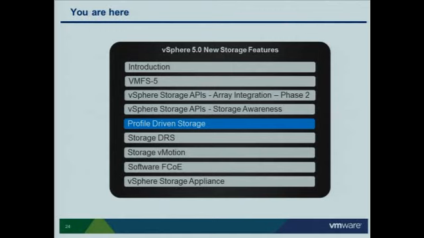One of the really cool things about VASA is that it does show us these storage capabilities. What we can then do with the next feature, profile-driven storage, is actually start to build up profiles of the various capabilities.